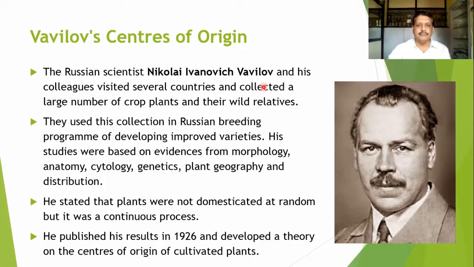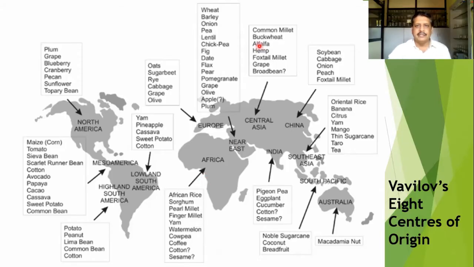So this Nikolai Vavilov has given us a broad clue from where the cultivated plants have originated. Here common plants are given in the bracket, and these are the areas where they have been particularly located. If we talk about Central Asia, here you can observe that the common millet, buckwheat, alfalfa, hemp, these have all been studied.